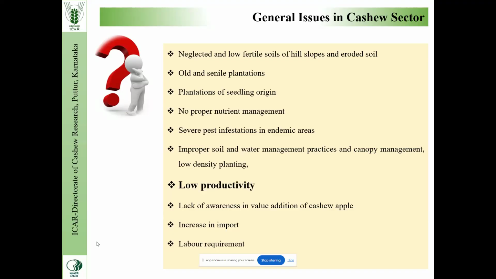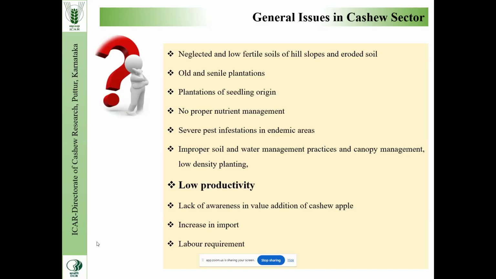By reducing the tannin content of cashew apple, we can make any number of value-added products which can give additional income to farmers and processors, as well as nutritious products to consumers. This knowledge is lacking in the cashew growing sector.